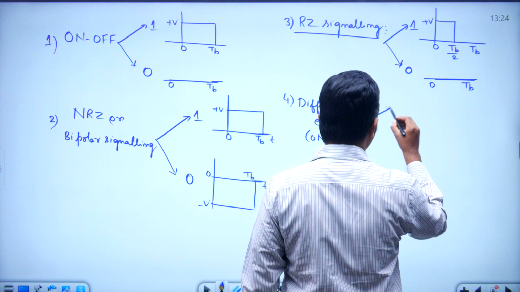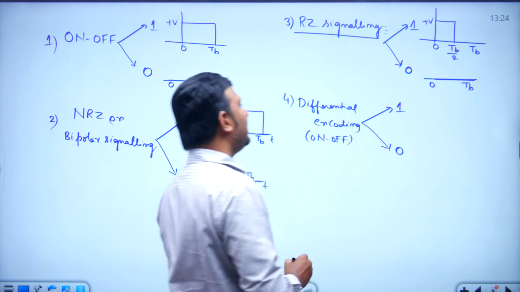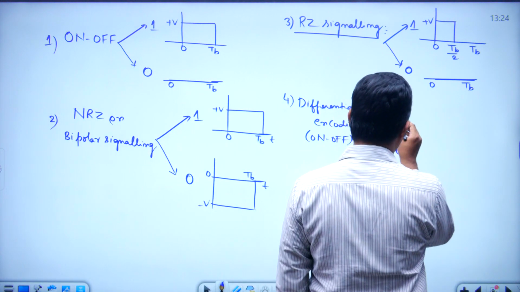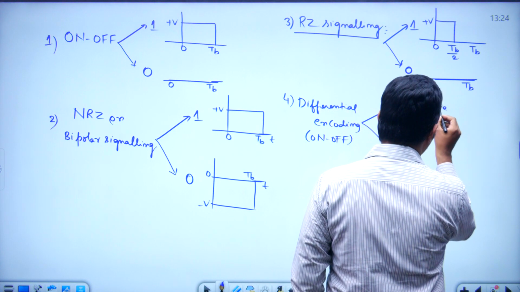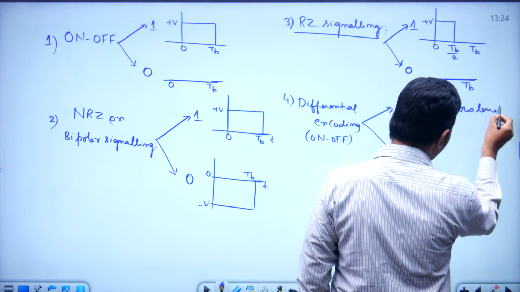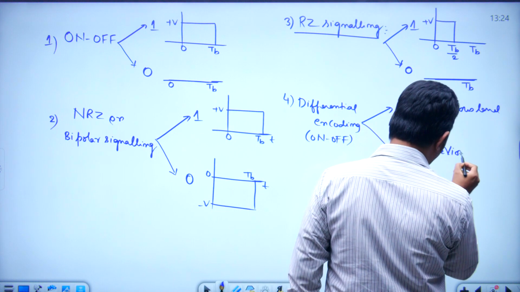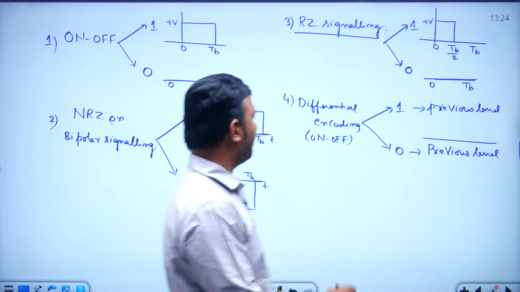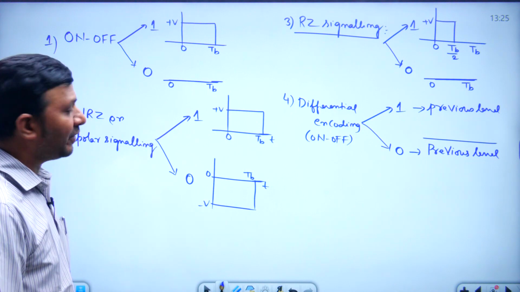Remember, in differential encoding the representation of 1 and 0 depends on the previous level. Suppose for 1 the previous level is maintained. We will take one example, then you will better understand. For 0, the previous level will be toggled, right. So, this is about differential encoding.